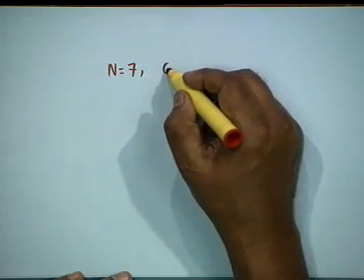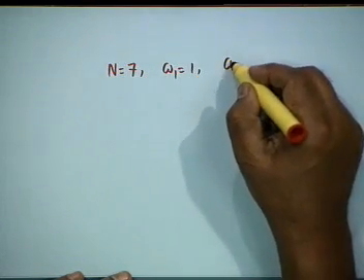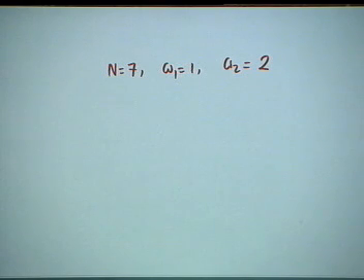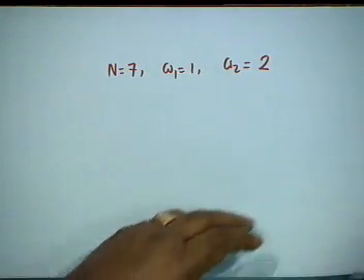Once again we take an example of the same figures, n equal to 7, omega 1 equal to 1, omega 2 equal to 2 radians, and you calculate all the paraphernalia. Then you find out the pseudo magnitude for the 3 windows, rectangular, Hamming and Han, and this is what the result looks like.